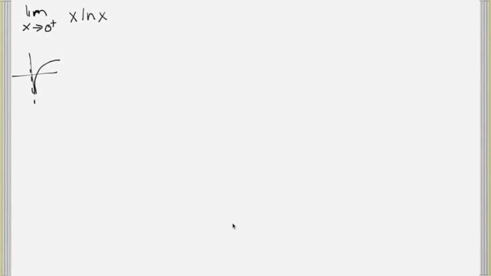We cannot do L'Hopital's rule on a product. We have to do L'Hopital's rule on a quotient. So to rewrite this, I'm going to say this is the ln of x over 1 over x. Instead of multiplying by x, I'm going to divide by the reciprocal.